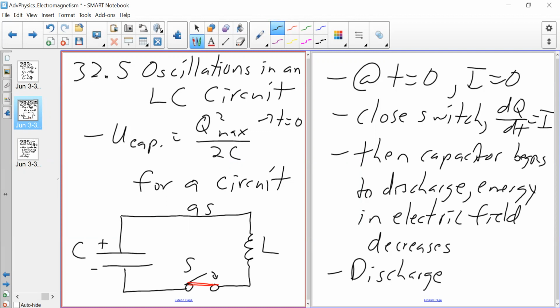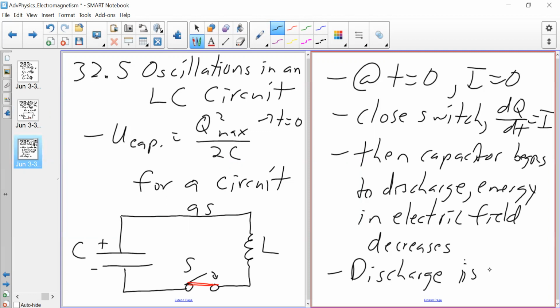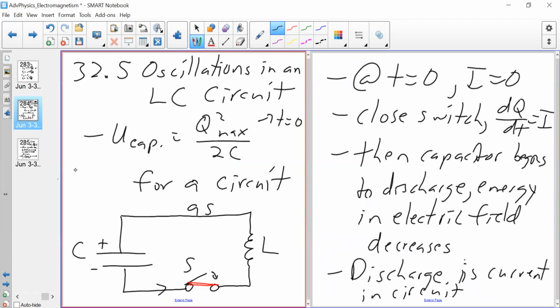The discharge is through the entire circuit, but notably the inductor. So now when the switch is closed, we have current I. So as Q starts to go downward, I starts to increase. We're building up.